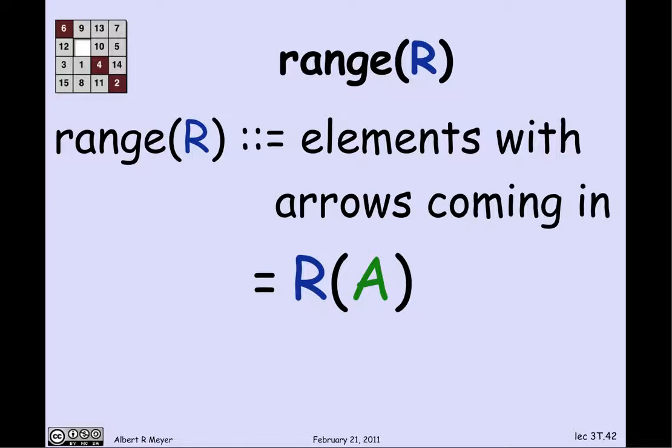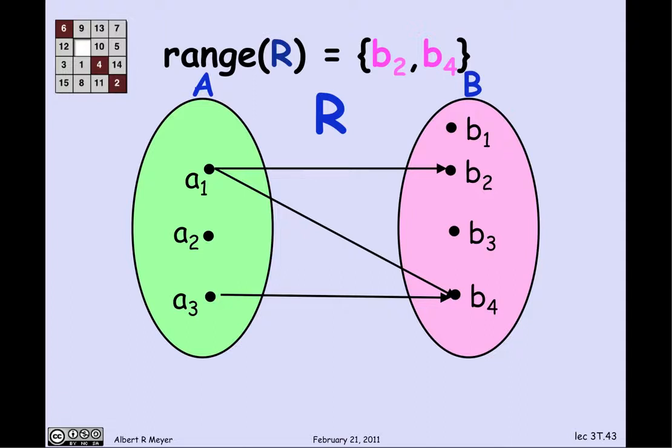So it's really R of the domain that is the range of R. Now notice that this is typically not equal to the whole codomain. Let's look at this example. Here, the range of R are the points that are hit by elements of A under R, namely just B2 and B4. The codomain has elements B1 and B3 that are missing and that are not in the range.